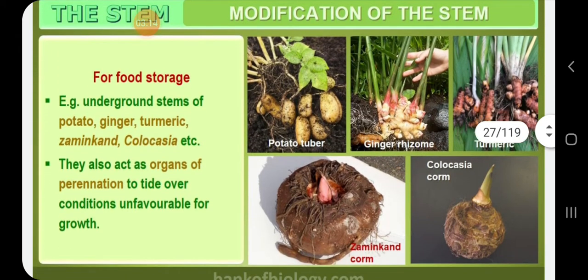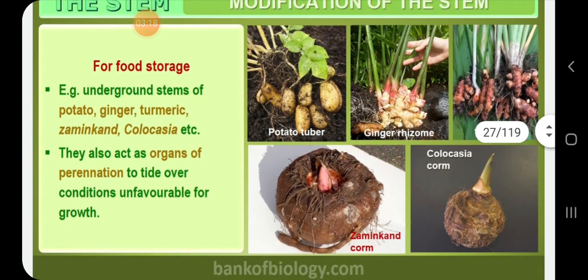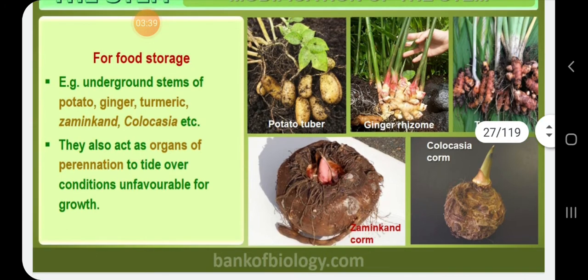Now, modification in the stem for food storage. Here, underground stems, for example, potato, ginger, turmeric, zimikand, colocasia. Colocasia, if you have heard, that is arbi. So, they also act as organs for perennation to tide over the conditions unfavorable for the growth.